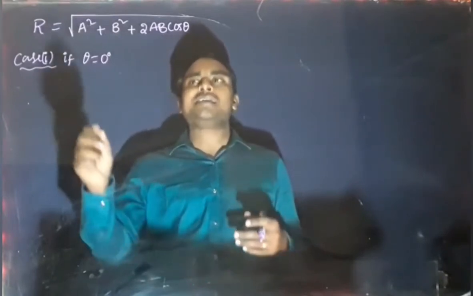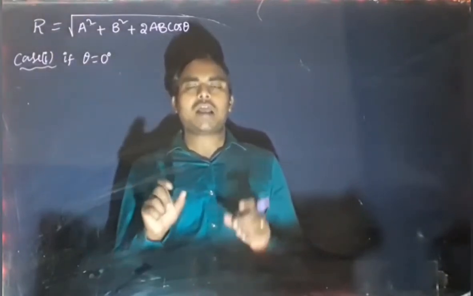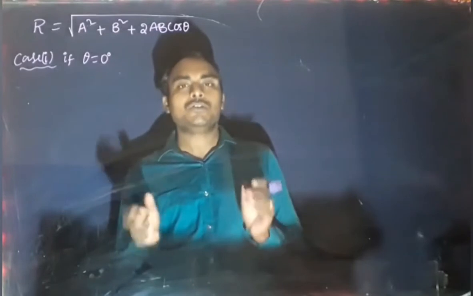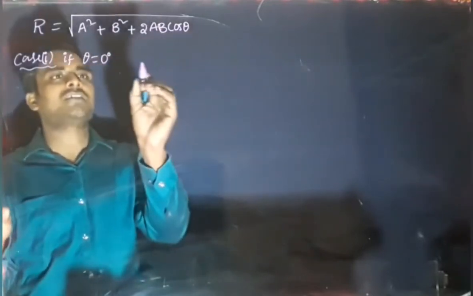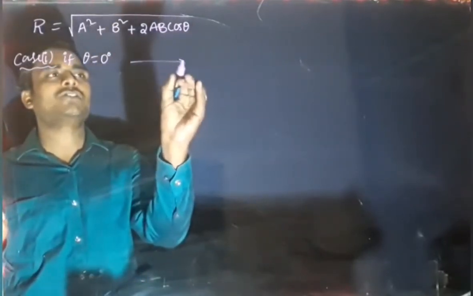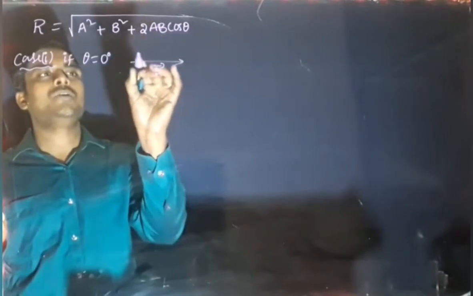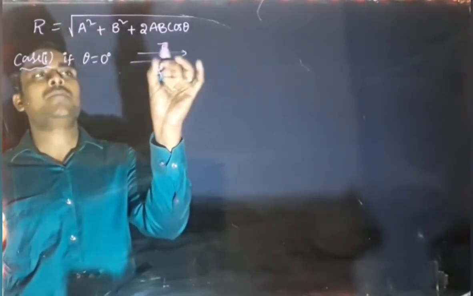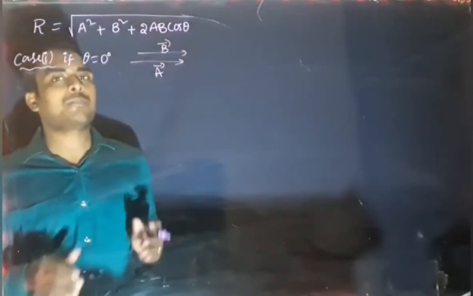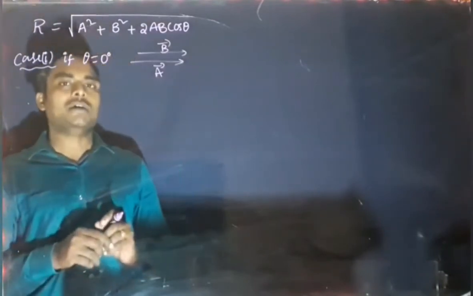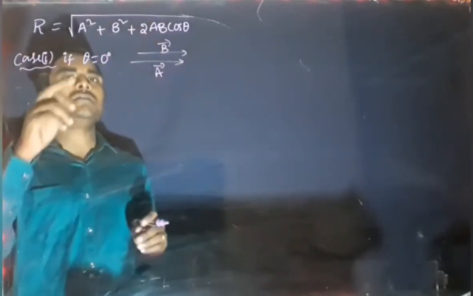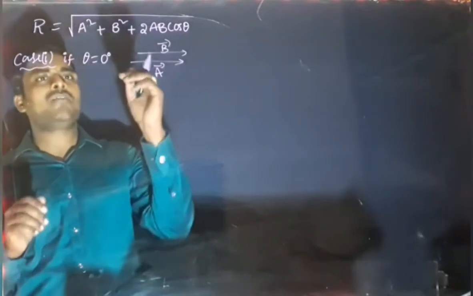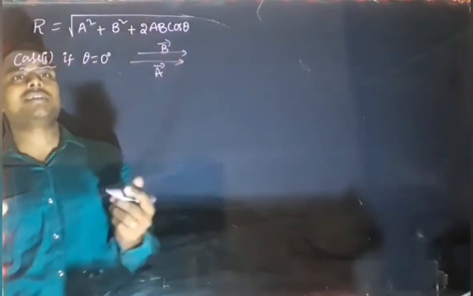Now if that angle is 0, it means both vectors are in the same direction. If it is A bar, B bar is also in the same direction. So A bar and B bar are parallel vectors, and the angle between them is 0 degrees. If theta is 0, what is the magnitude of the resultant vector?